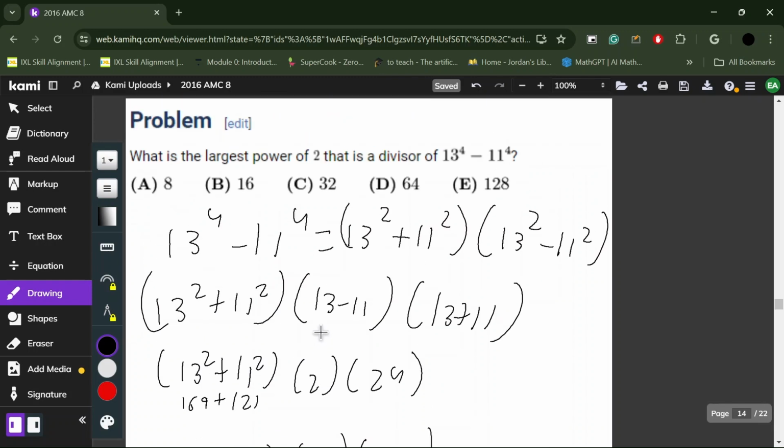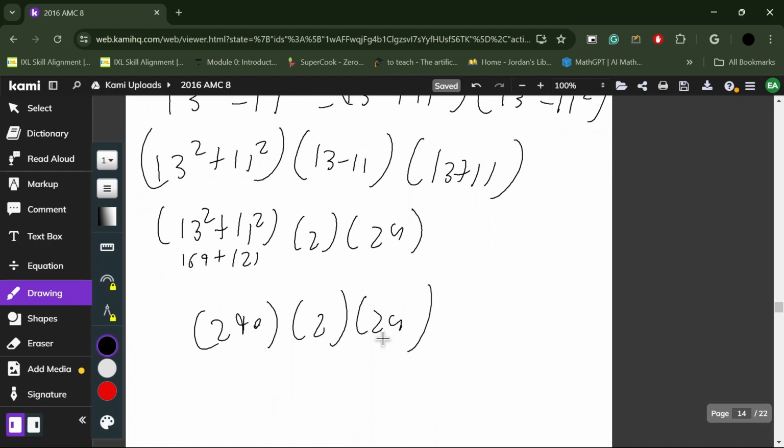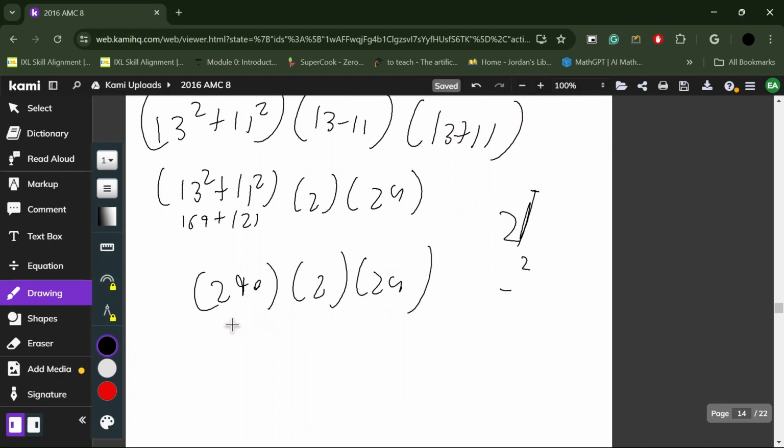And for us to figure out the largest power of 2, what it means by power of 2 is like 2 to the power of something, not something to the power of 2, okay? Just to elaborate. So this 290, we can actually put into two things: 2, and if you do 290 divided by 2, we get 145.